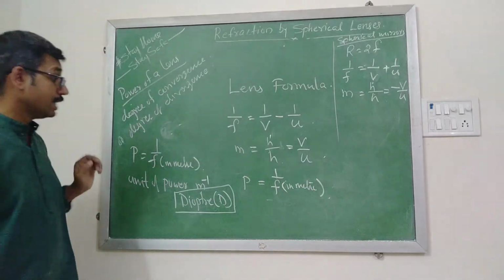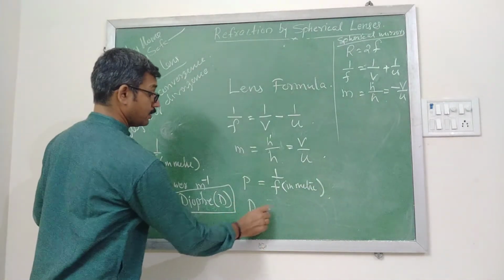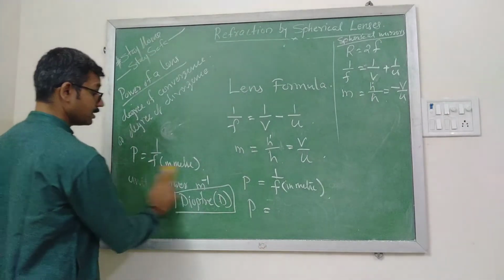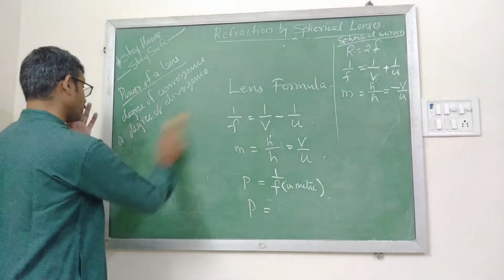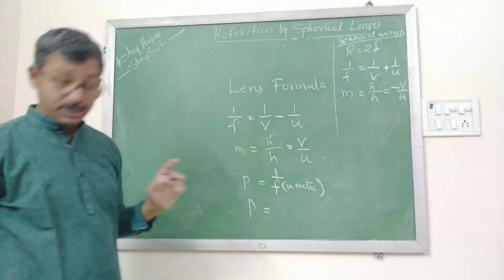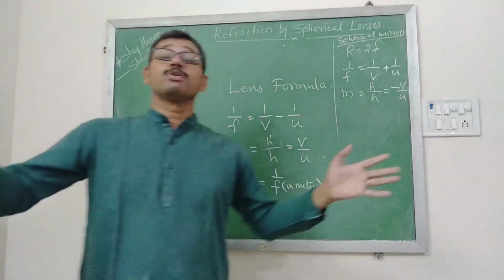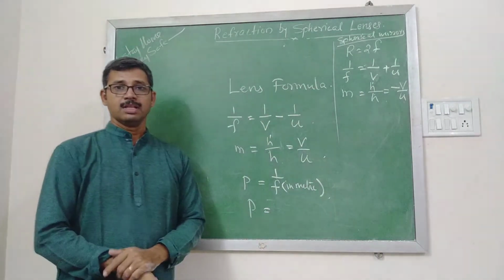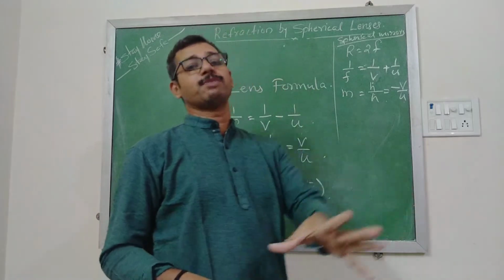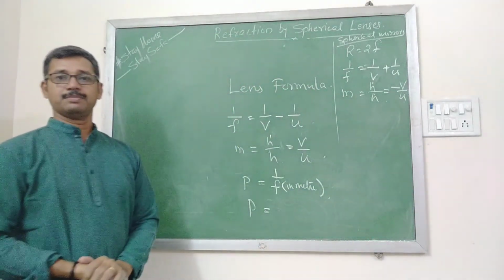Now, when n number of lenses are used, you know that normally in a microscope or telescope we use n number of lenses. Then what will be the resultant power of that instrument?